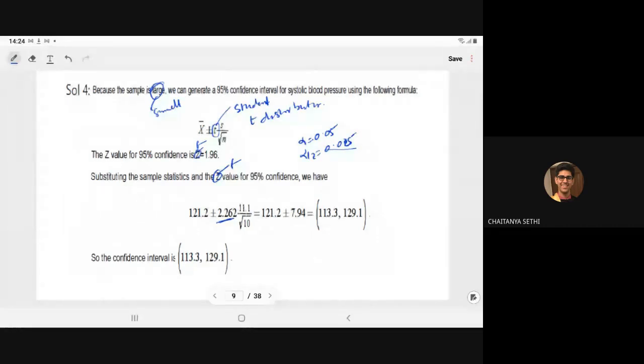So the main thing to note is that for the t distribution, the sample must be from a normally distributed population. And when the sample size is less than 25, then we use the t distribution, right?